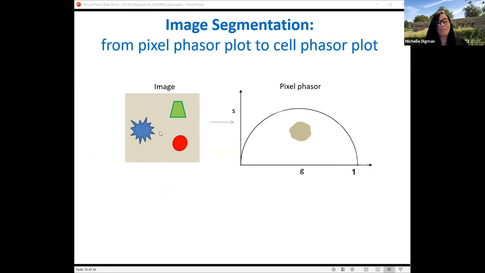And if you take all of this data and plot it on the phasor plot, you'll see this blob, right? So it's very hard to distinguish this object from this object from this object based on this distribution here.